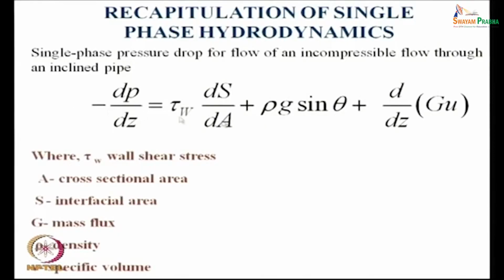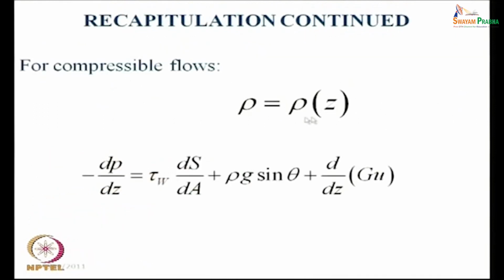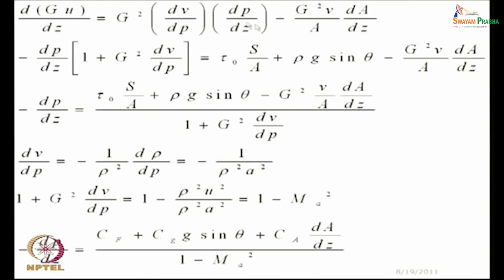And then I told you that for compressible flows, in this particular case rho g u is a variable because rho varies with z, so accordingly the acceleration pressure drop takes some different forms and finally, we had come to this particular denominator.